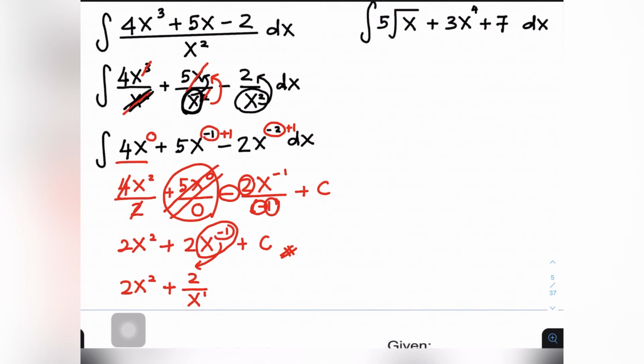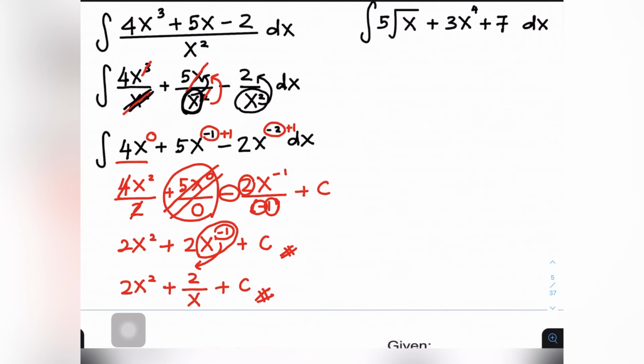Now, the power will change its sign, the opposite sign. If now it is negative, when you change the position of x to the denominator, the power will be positive. And we are not writing any 1, so we just leave it as x. And then you will have plus c. So this is what you get after the process of integration.